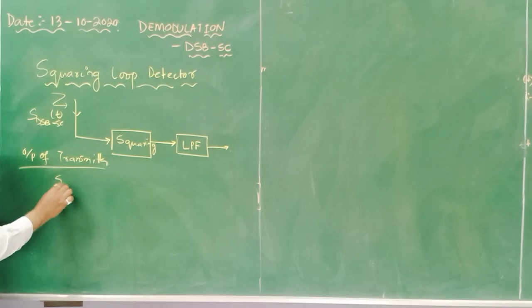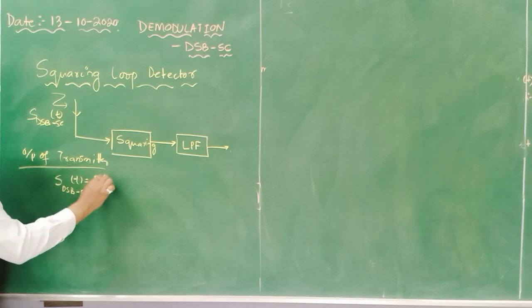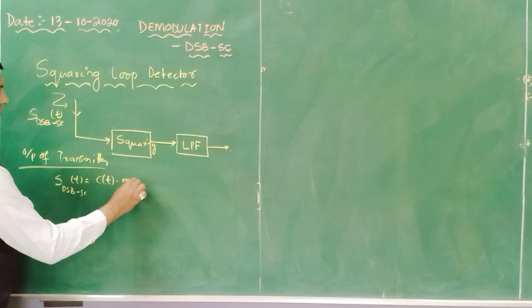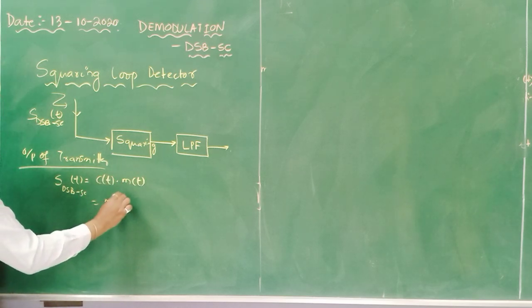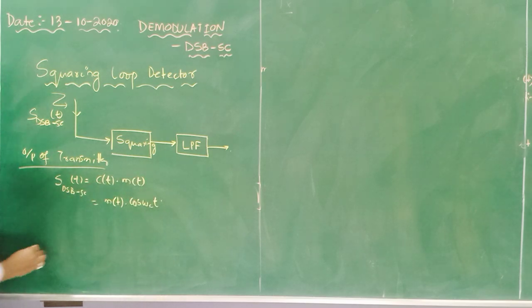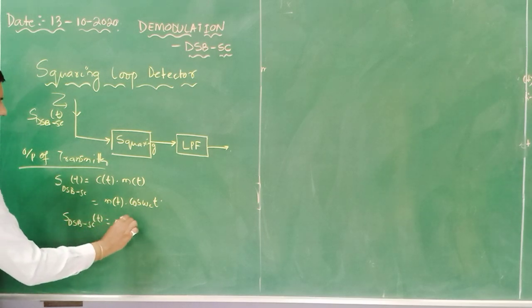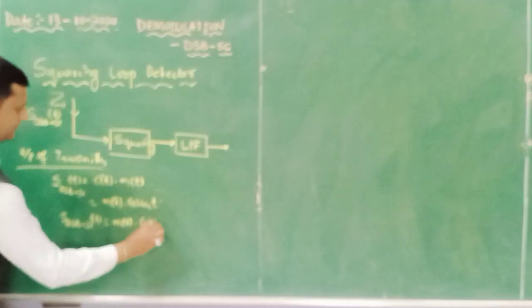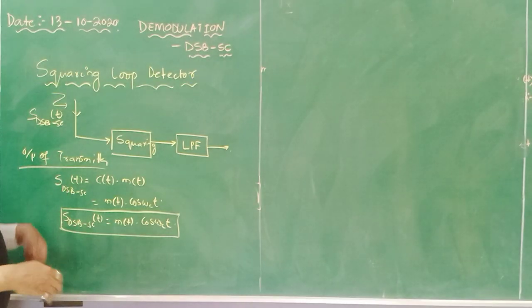So what is the DSB-SC signal? DSB-SC signal is C of t into M of t, where C of t I can directly write as cos omega ct. So the transmitted signal DSB-SC of t is equal to M of t into cos omega ct. So this is the DSB-SC signal generated.